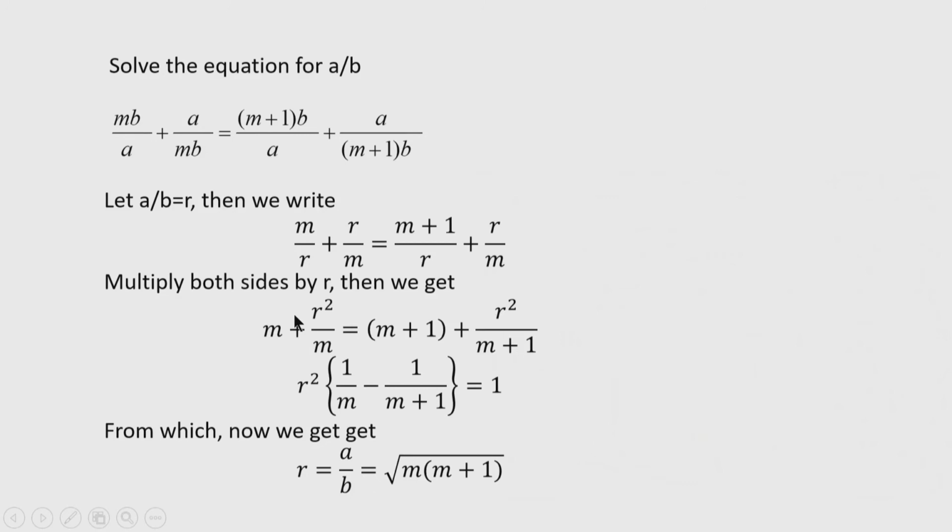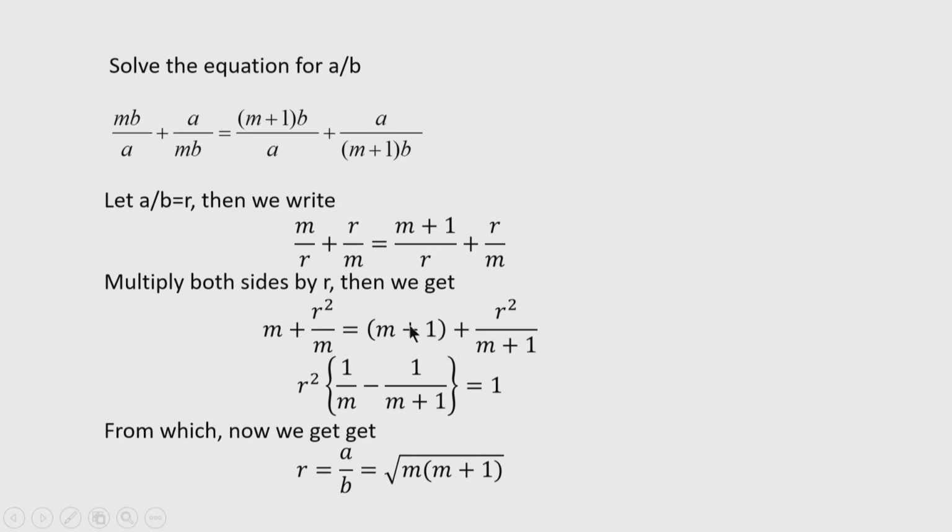Okay. Now, let us solve for a/b. Let a/b equal r, then we can write m/r plus r/m equal to (m plus 1)/r plus r/(m plus 1). Multiply both sides by r, then we get m plus r square/m equal to m plus 1 plus r square/(m plus 1). Okay. So, this quantity is found.